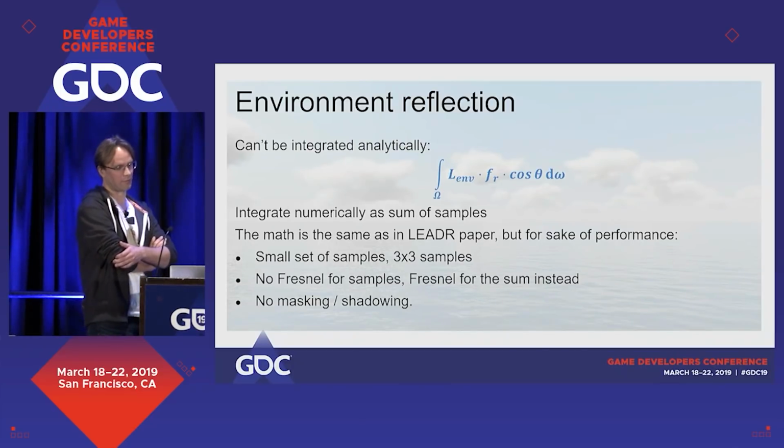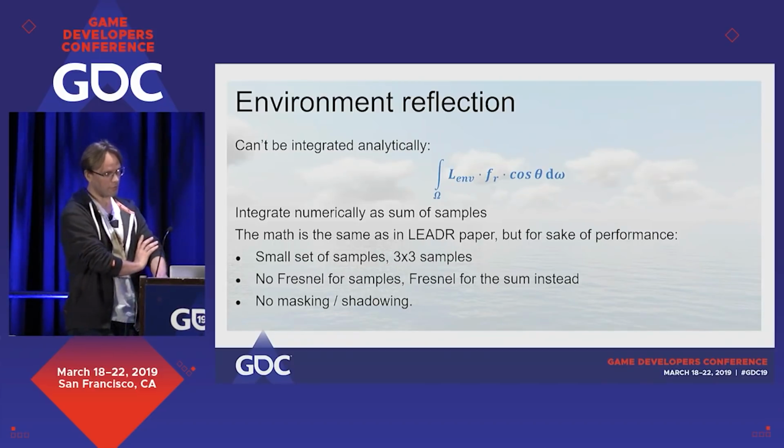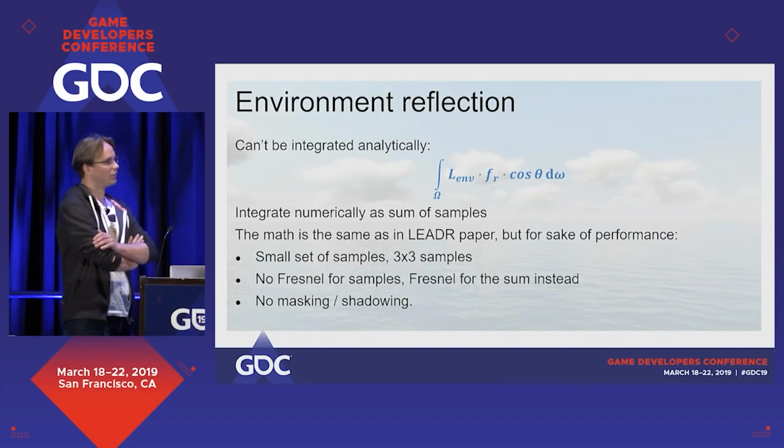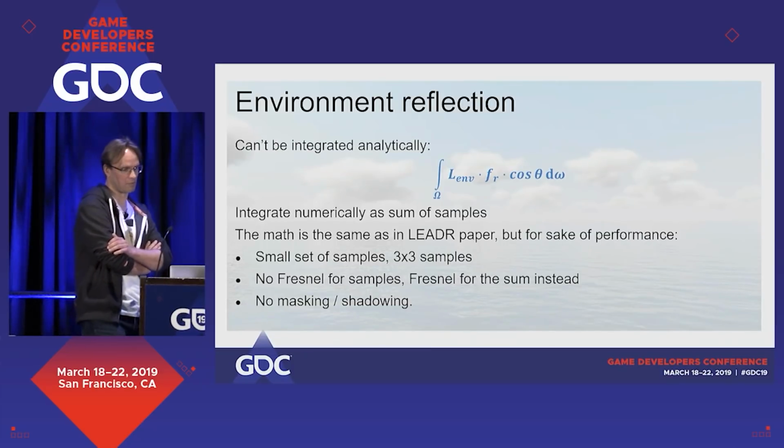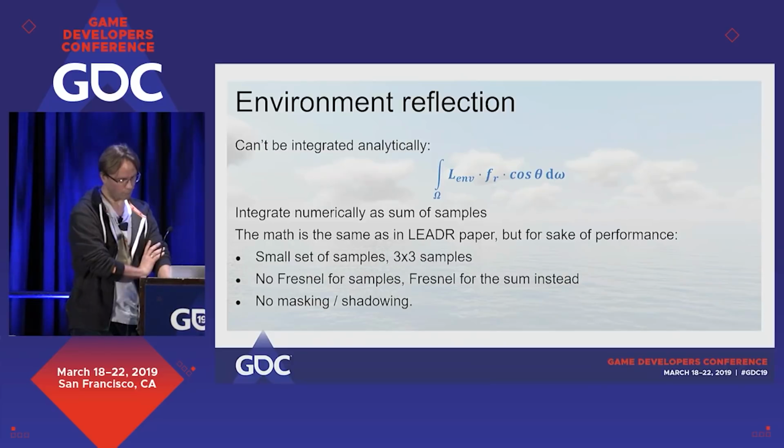It's all explained in the LEADR paper. It's not the point of this presentation. The thing is that we cannot afford a full-blown calculation for those samples. It's just too expensive. We do not calculate the Fresnel term or masking and shadowing for each of those environment samples. We're going to talk about the Fresnel and masking and shadowing terms just a little later.